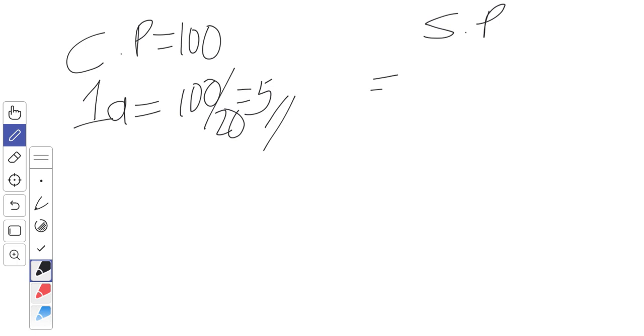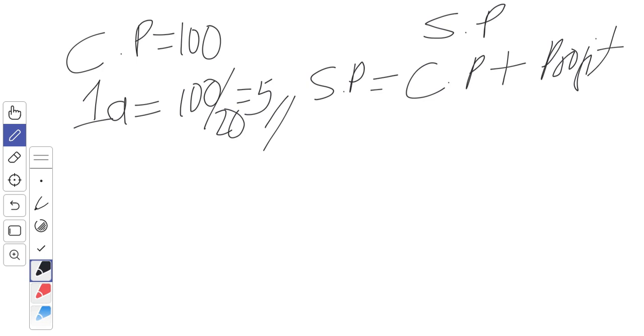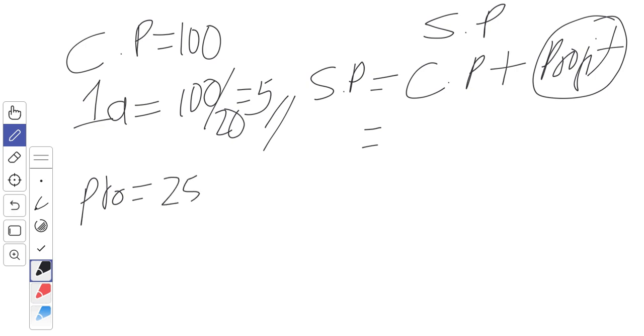That means selling price would be equal to cost price plus the profit. Let's first find the profit, 25% profit. Profit is equal to 25% of 5.